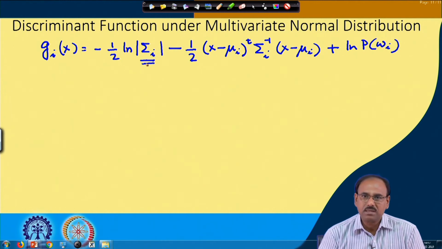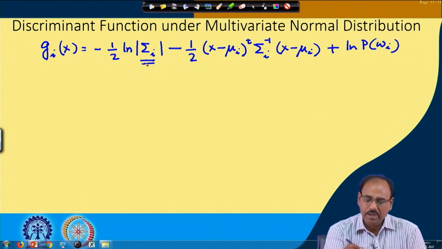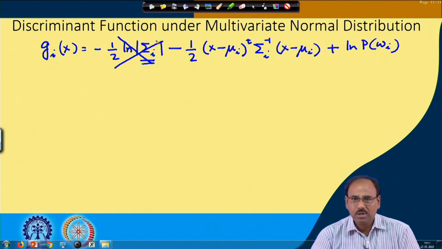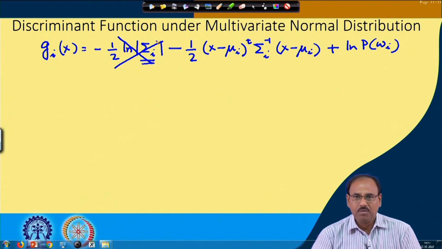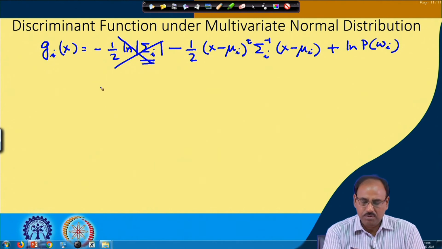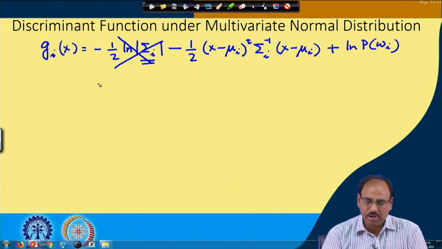So this term, minus half log of determinant Σ_i, again does not have any role in discriminating among different classes. So I can simply ignore this term from the expression of the discriminant function.